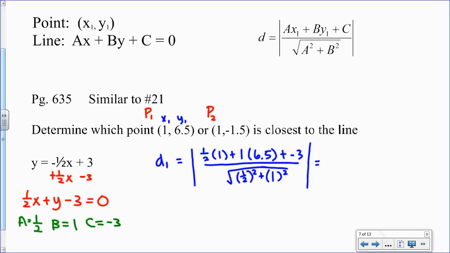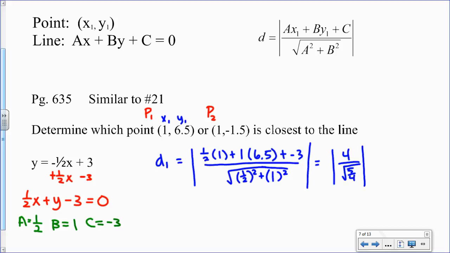Don't keep it in radical form if you get an irrational number for the denominator for now. So if we calculate the numerator, then we should get 4. And then the denominator, I just have square root of 5/4 or 1.25.